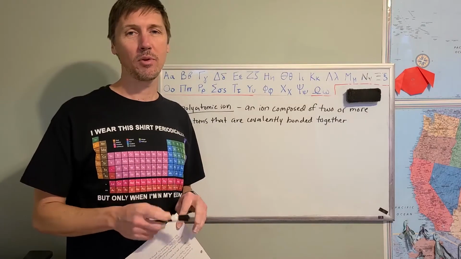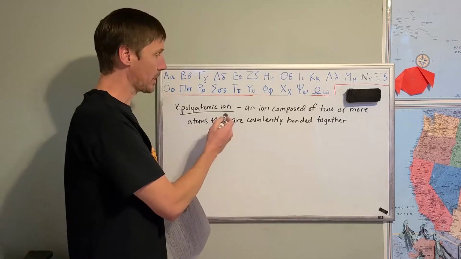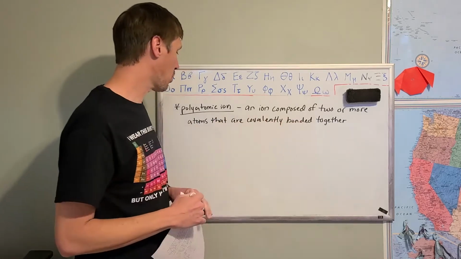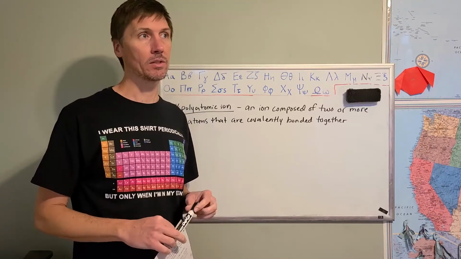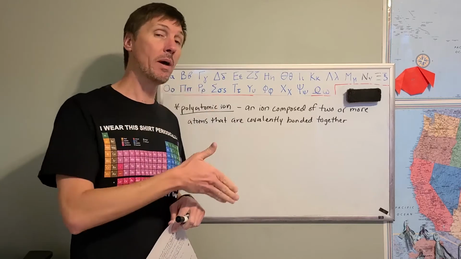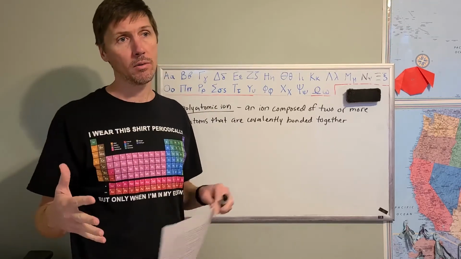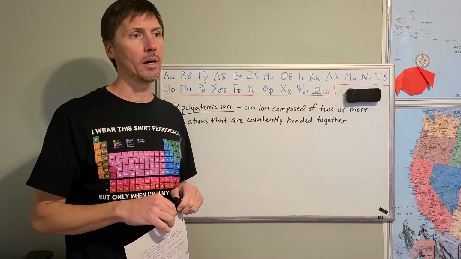Okay, we're going to wrap up chapter 8 today talking about polyatomic ions. A polyatomic ion is an ion composed of two or more atoms that are covalently bonded together. Remember when we learned about ionic compounds, we would have a metal and a non-metal bound together by an ionic bond.